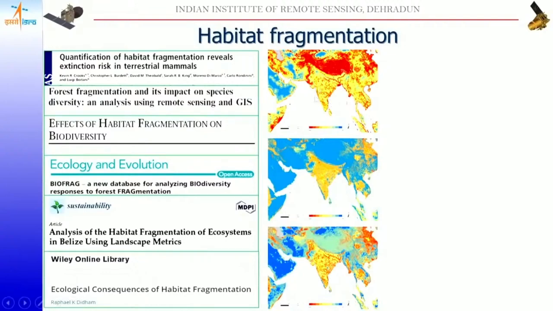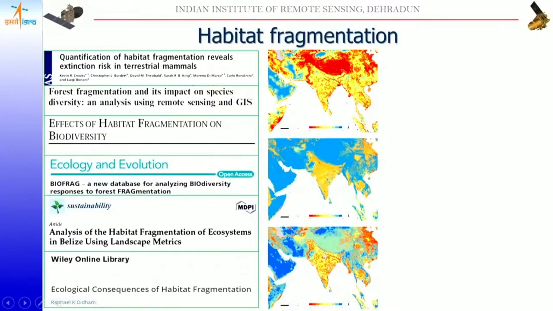So here, based on the core, you can see the fragmentation index over the Indian region, and this is based on the human footprints, the agriculture patterns, the roads, and the other infrastructure we create. So based on that, you can see the disturbance index over the Indian parts.